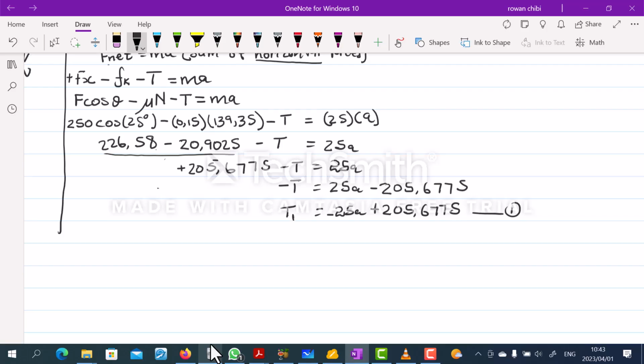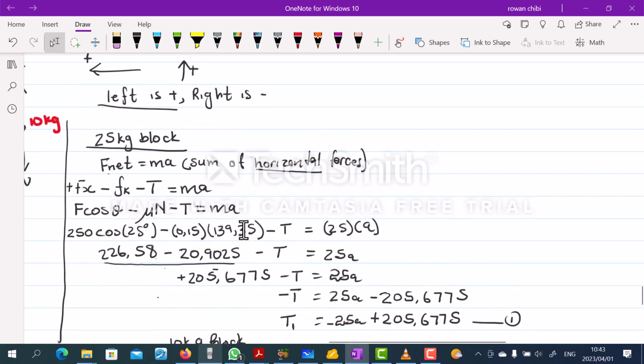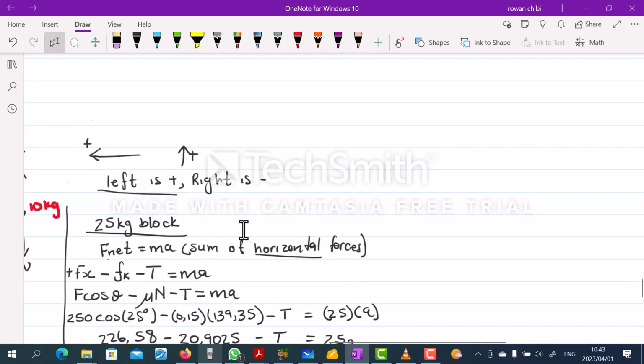So let's look now at the second block, which is the 10 kg block. So we also said F net is equal to ma. So we already know for the 10 kg block there are only two forces.